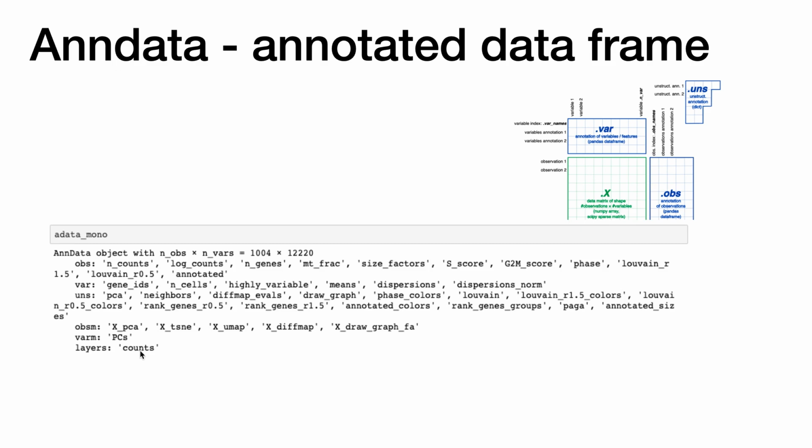The layer here is called counts, so it has the same dimensions as our X object, so it's n_obs times n_vars, but it has different entries. Here we have the counts, meaning 1, 2, 3, 4, 5, the count of every molecule. But the X matrix has potentially a different normalization, or is batch corrected. Sometimes you don't want to look at the batch corrected data, but you would like to go back to your counts, the unnormalized version of your data. And this is what you can save in the layer.